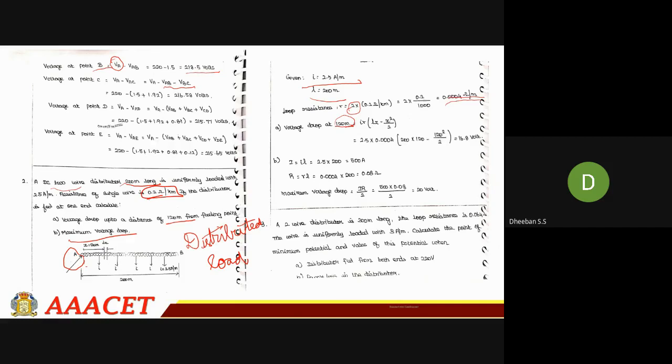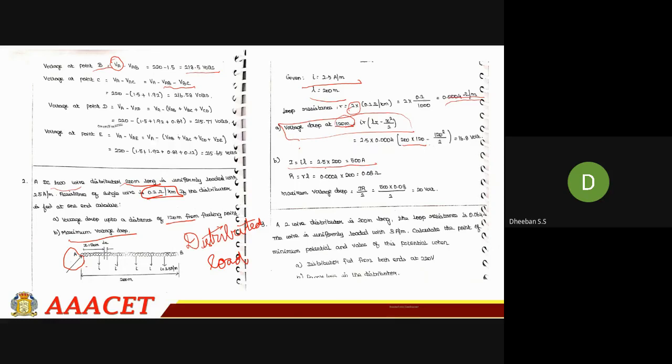You have to change. So here the voltage drop at 120 meter is IR into (Lx minus x square by 2). So here 2.5 into 0.004. The length is 200 and x is 120. This thing we have covered in your derivation. Here capital I equals small i into L, that is the total current flowing through the distributor load.